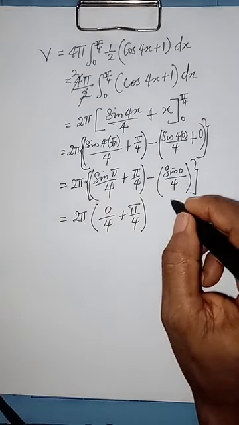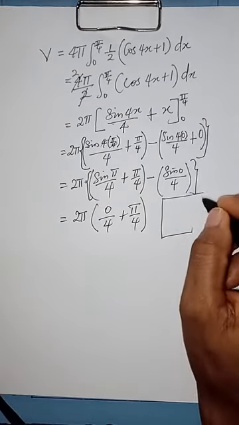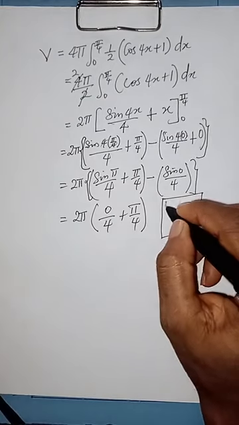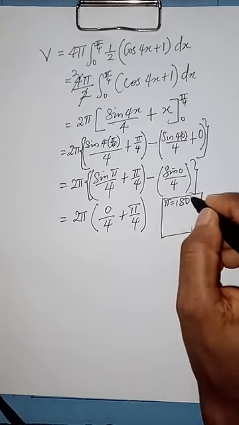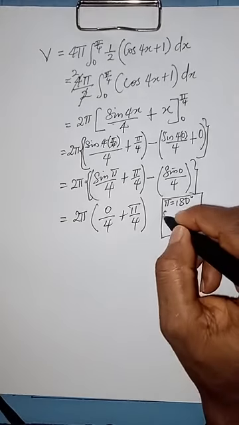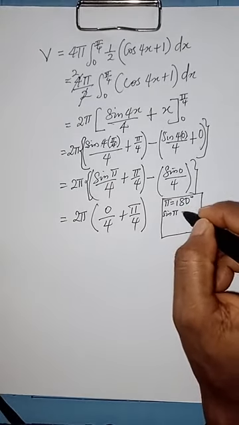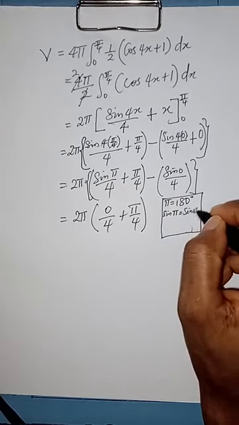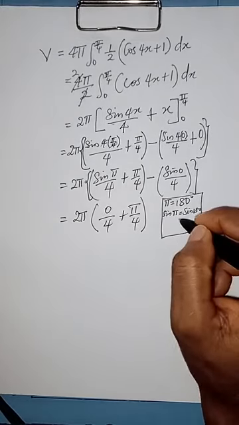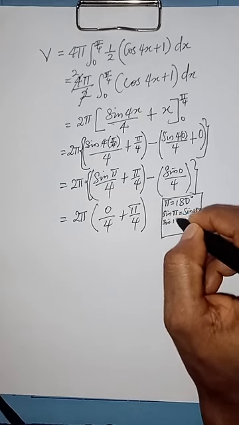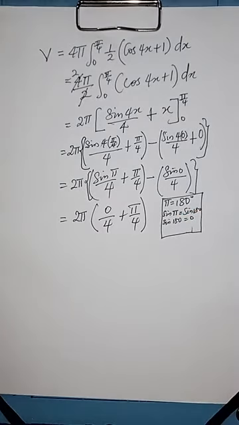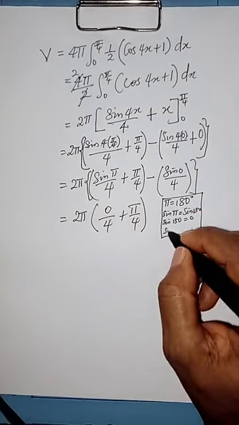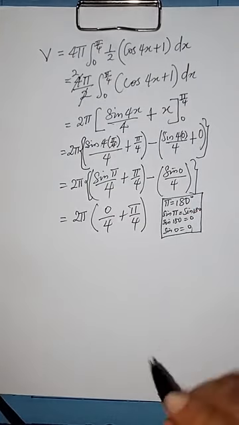Now let me put that here in this box so that you remember: pi is 180 degrees in radian, so sine pi is sine 180, and sine 180 is equal to 0. Sine 0 is equal to 0.